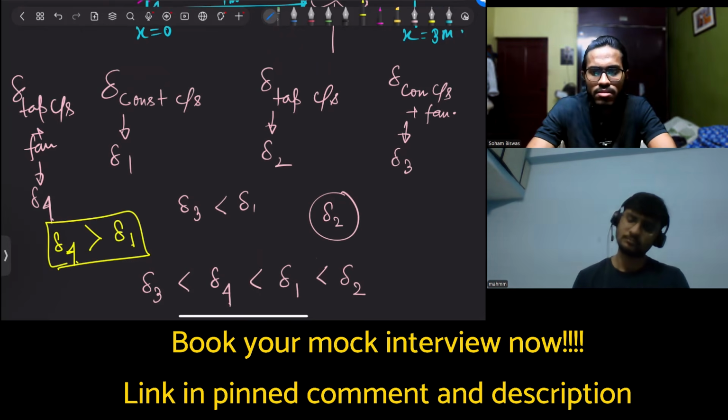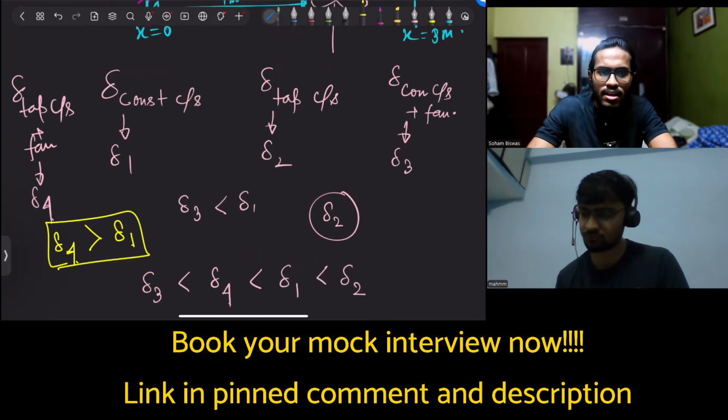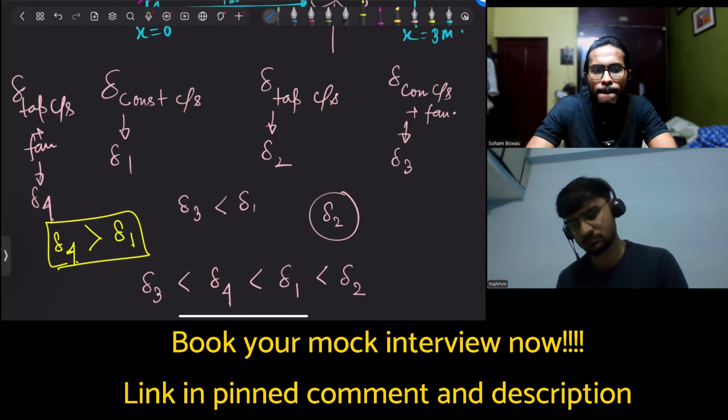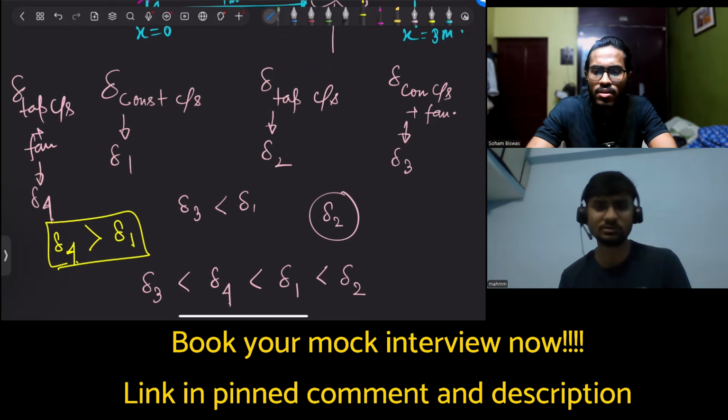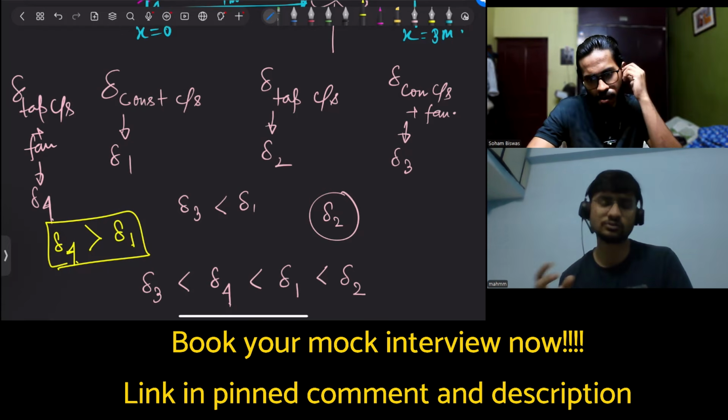Can this happen in any case? It can happen. It depends upon the fan velocity. It can happen because the fan velocity is small. You can say that the fan velocity is low.